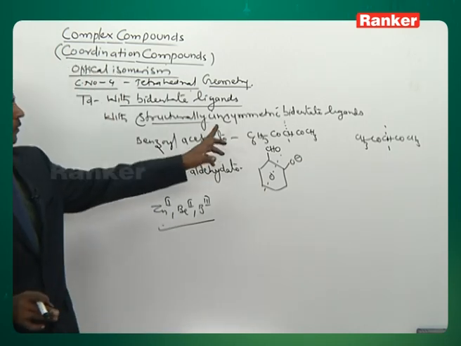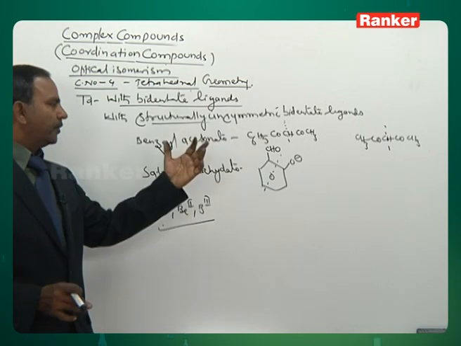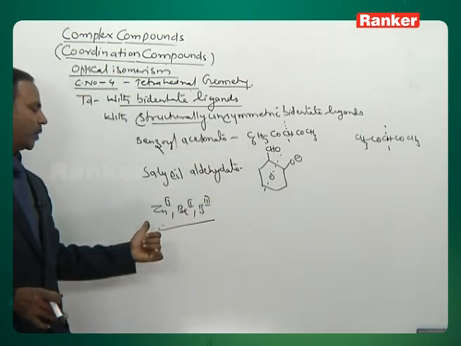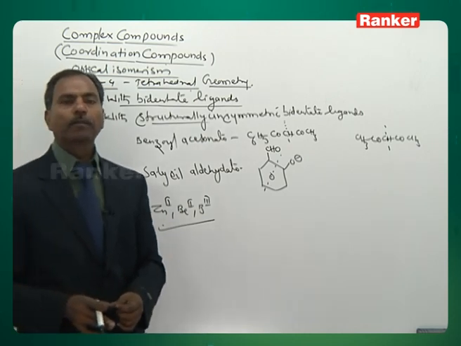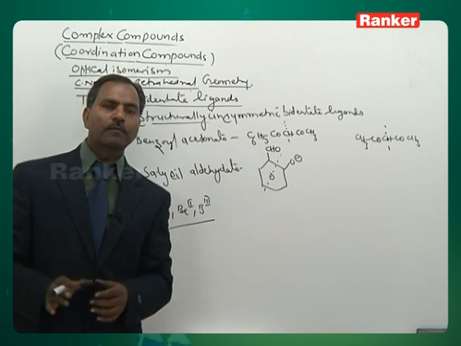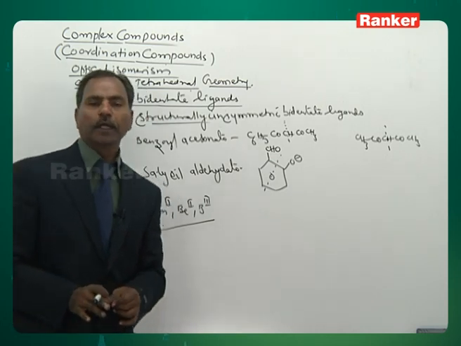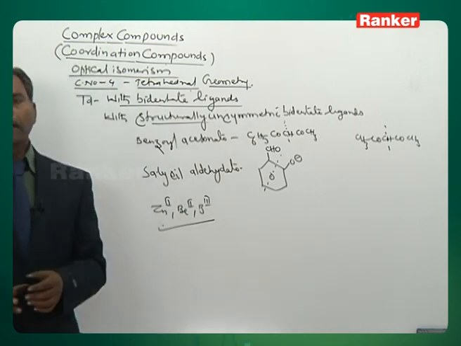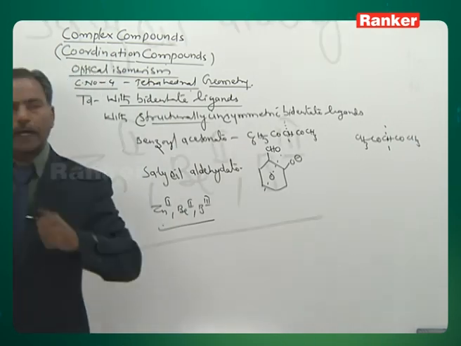What I said is, with these two ligands, benzoylacetonato or salicylaldehydato, whenever they interact with zinc plus 2, beryllium plus 2, boron plus 3, forming tetrahedral complexes, those complexes are found to be optically active. Let us take both these examples, how they form a tetrahedral complex and how they are optically active.